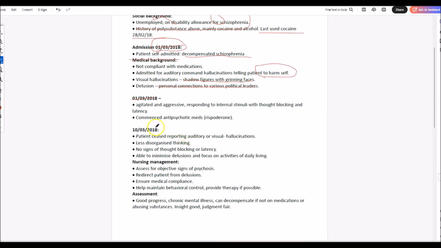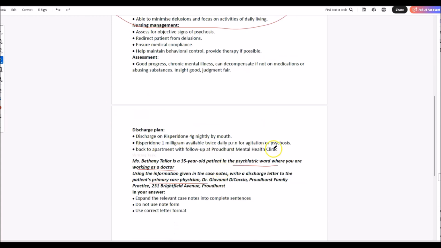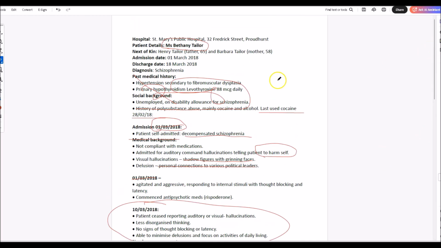And then what happened during the time in hospital? She's been in for 9 days, seems to be okay. The nursing management focused on assessment and discharge plan, etc. So that's relatively straightforward.